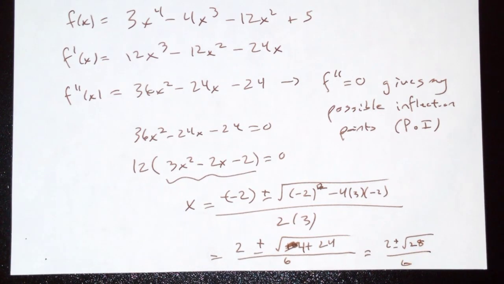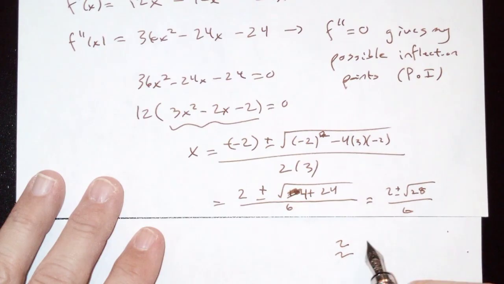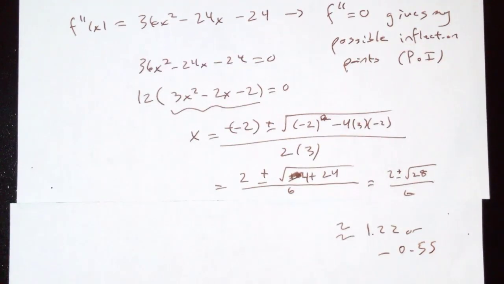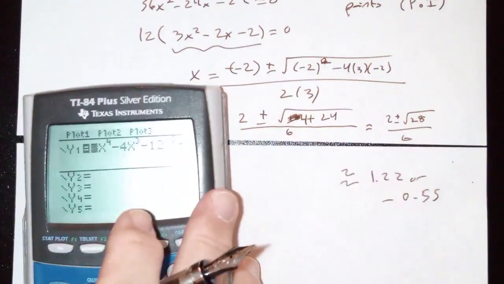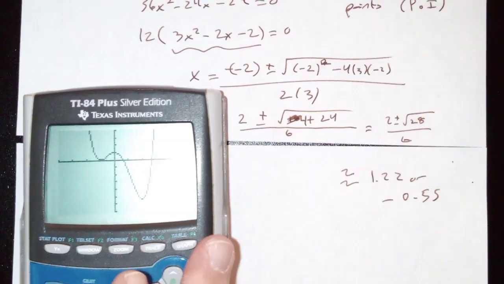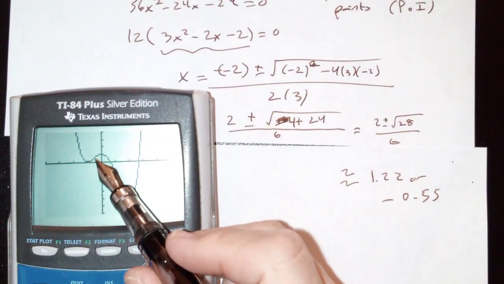2 plus or minus the square root of 28 over 6. If you want, you can turn those into a couple decimals for me. That's fine. When I do that, I get 1.22 or negative 0.55. And that makes sense in light of my graph. One of those changes happens here.